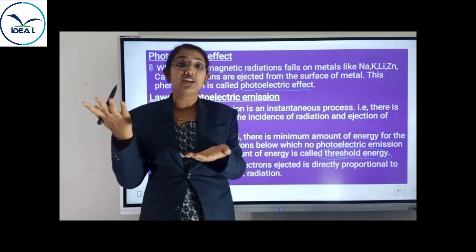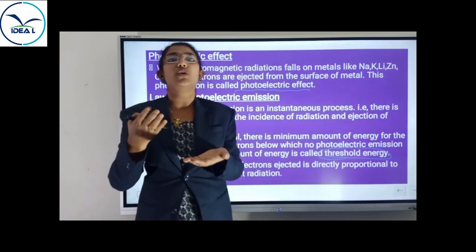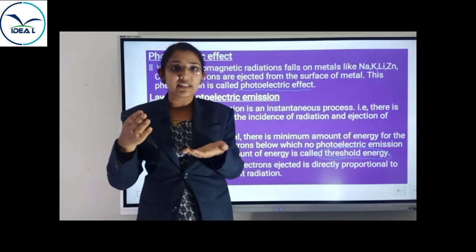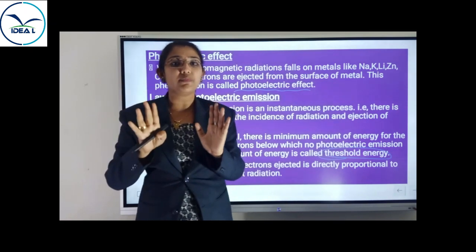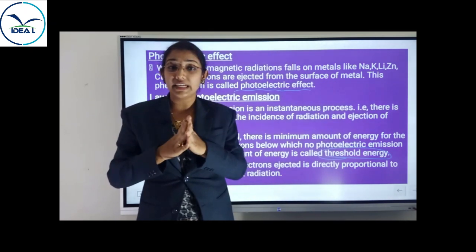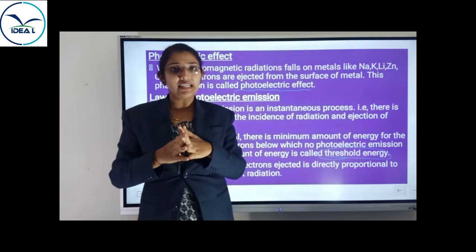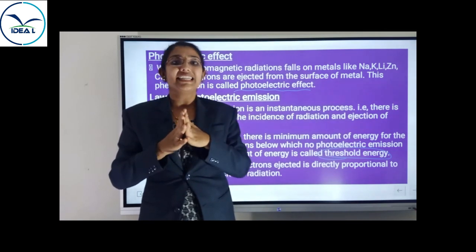That minimum amount of energy possessed by the surface of the metal is known as threshold energy. Below threshold energy, no photoelectric effect takes place.